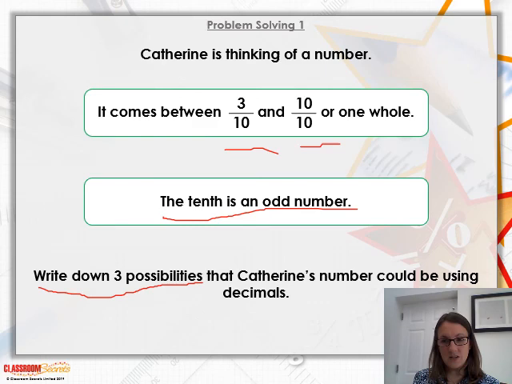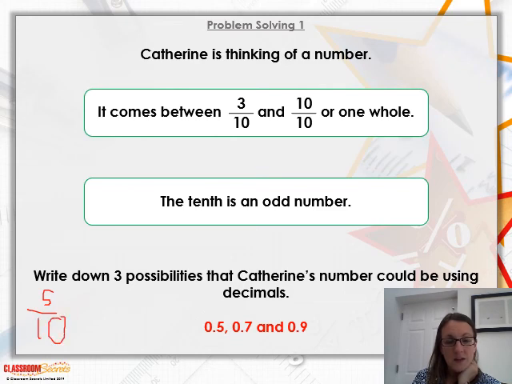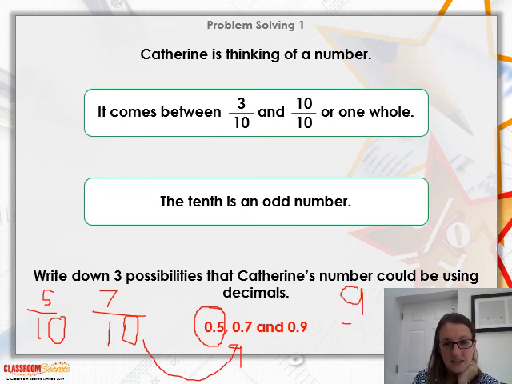All right, so think really carefully about that, and hopefully you've recognized the 3 possibilities would be 5/10, so that would be 0.5. 7/10 as a decimal, sorry about the writing, would be 0.7, and then lastly 9/10 as a decimal would be 0.9.